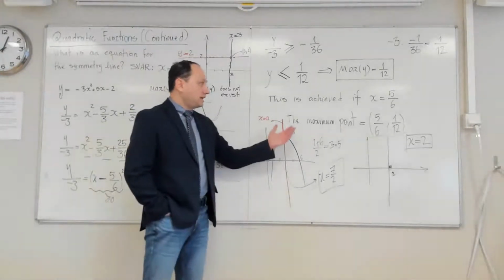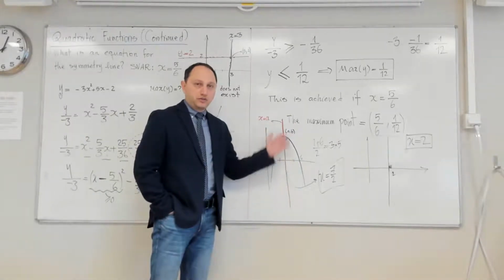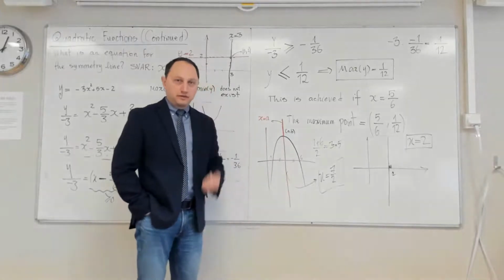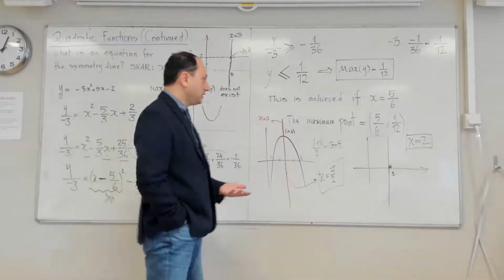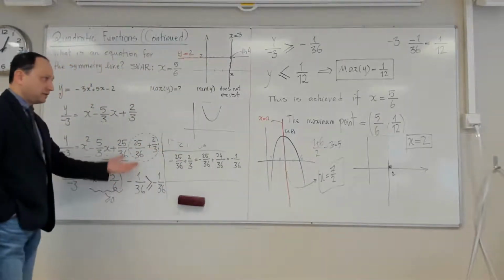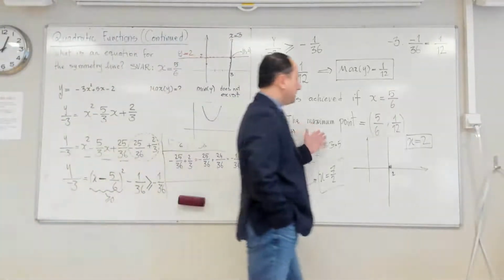Then you might ask, is there any way to write an equation for the symmetry line? I would say yes. I would present two methods. The first method is the completing the square method.